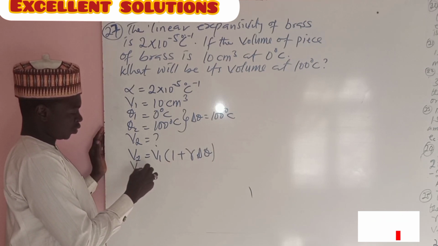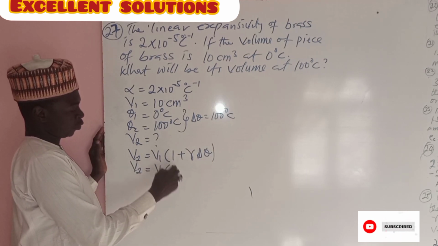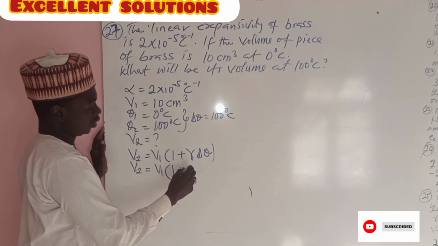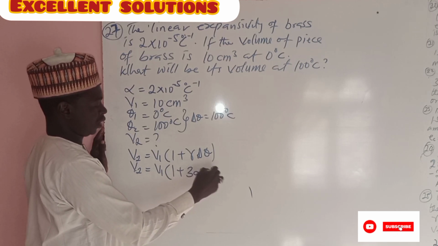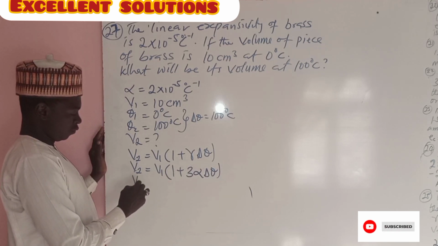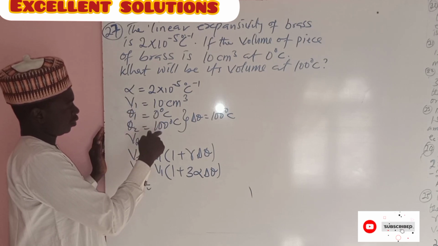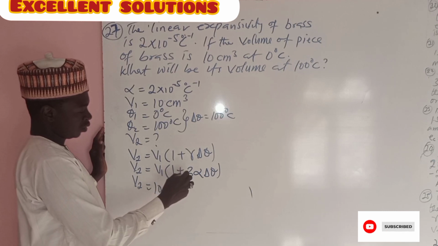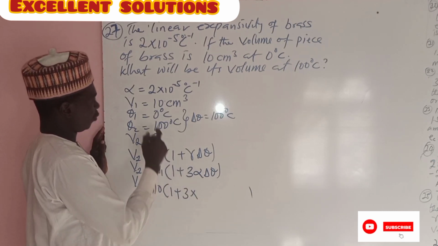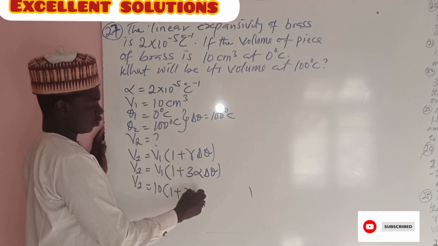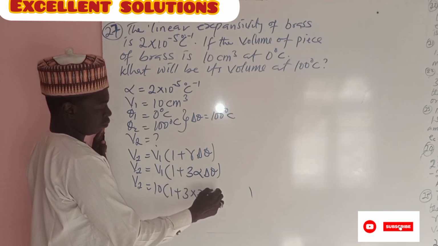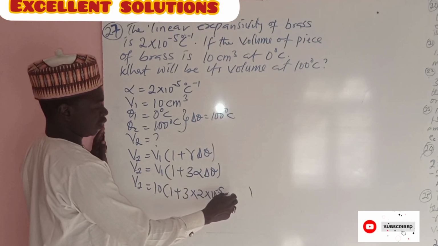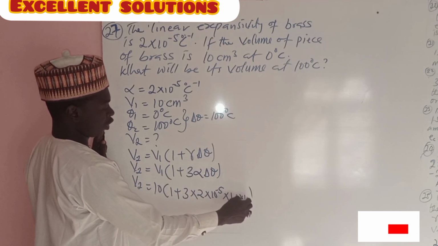This is the same as V2 equals V1 bracket open 1 plus gamma, and gamma equals 3 alpha, since we have alpha. So 3 alpha delta theta. So V2 equals V1, which is 10, bracket open 1 plus 3 multiplied by our alpha, 2 exponential minus 5, multiplied by delta theta, which is 100, the same as 1.0 exponential 2.